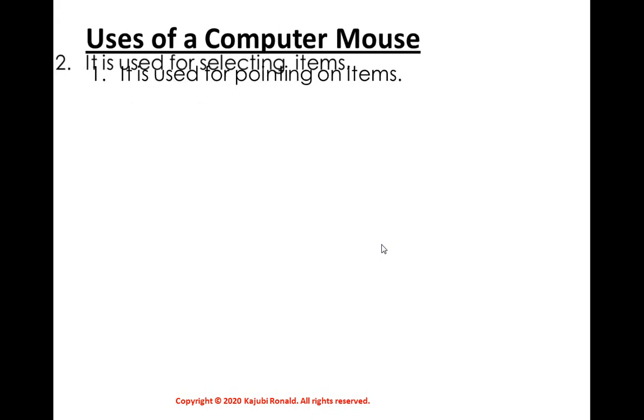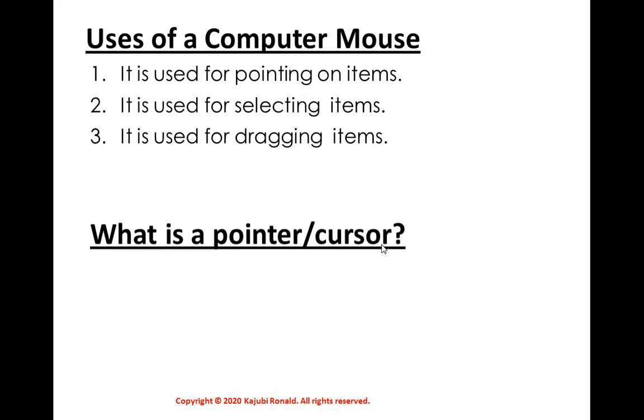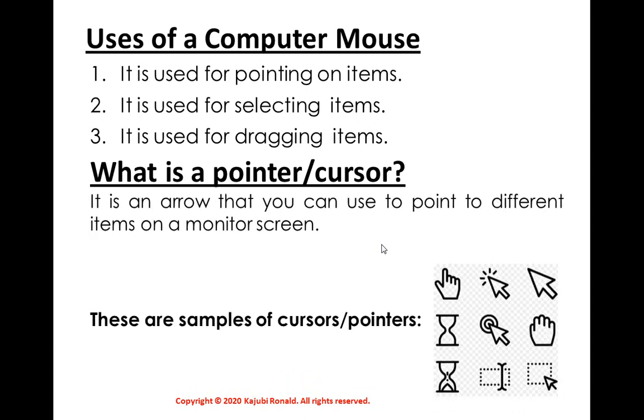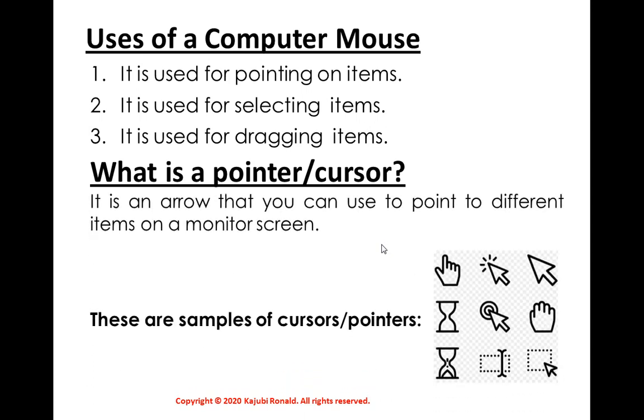Let us try to look at the uses of a computer mouse. We are reviewing what we have been talking about before. That a computer mouse is used for pointing on items. So if you feel like pointing on any items on your computer, then you use a mouse, of which the mouse will be guiding the pointer to the desired place.